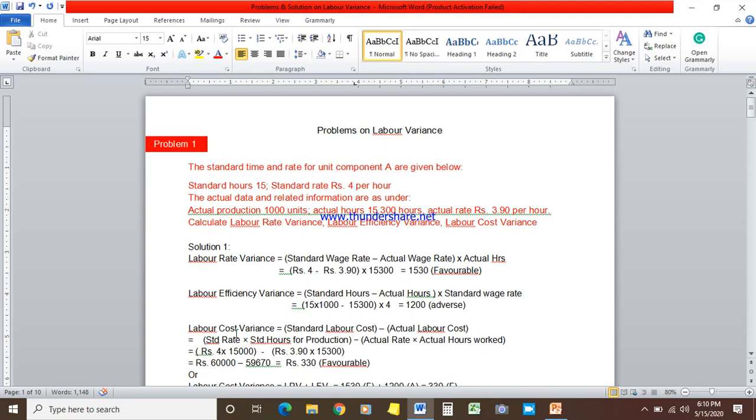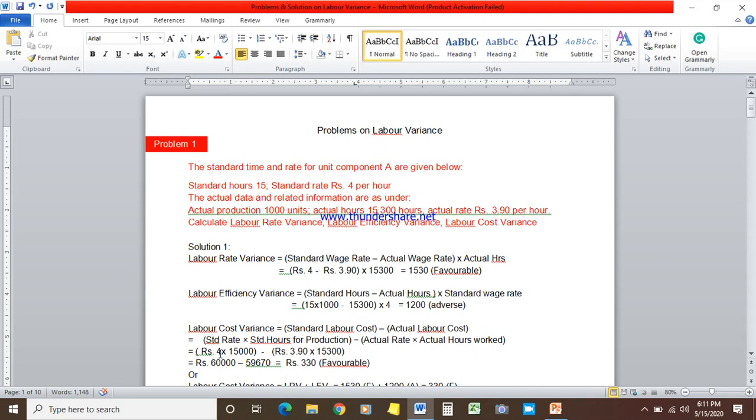The labor cost variance is made up of two things: the labor rate and labor efficiency. If I want to directly calculate the labor cost variance, it is the total standard labor cost minus the total actual labor cost. The total standard labor cost is the standard rate multiplied by the standard hours.